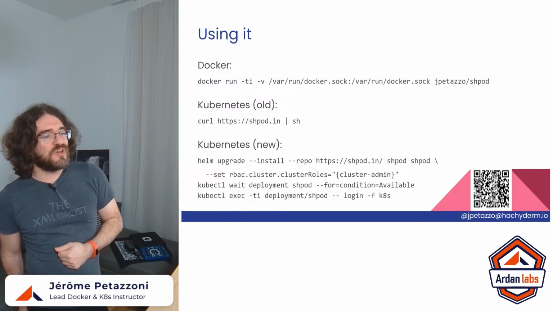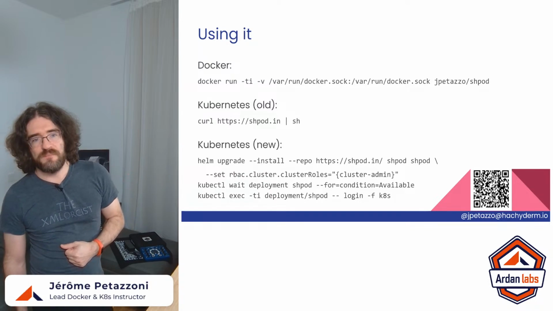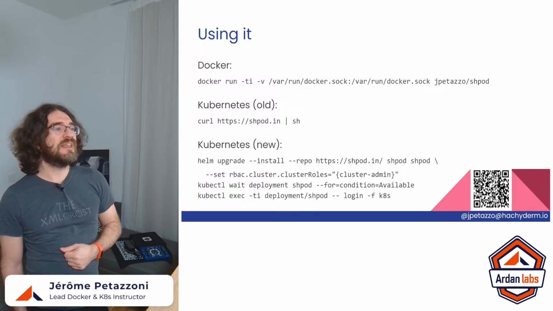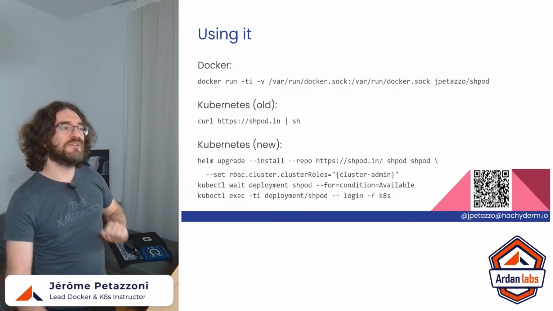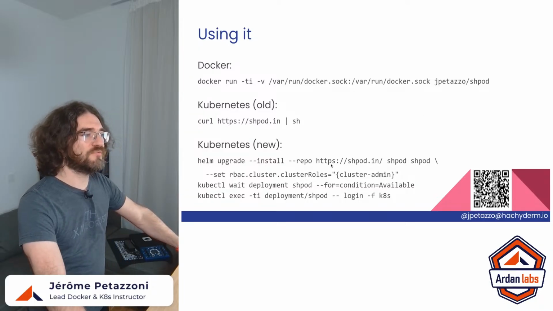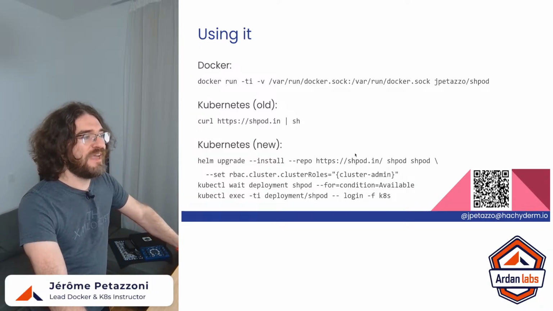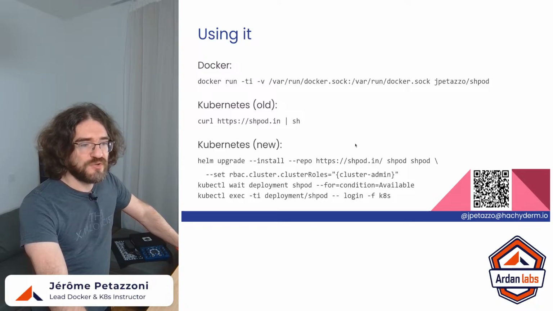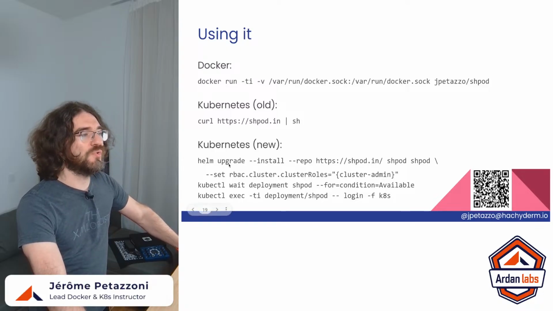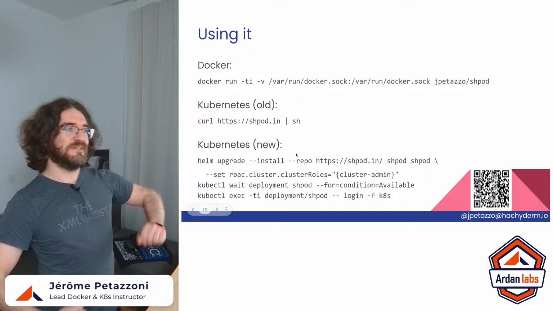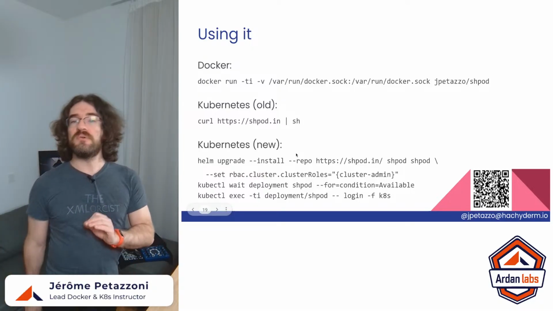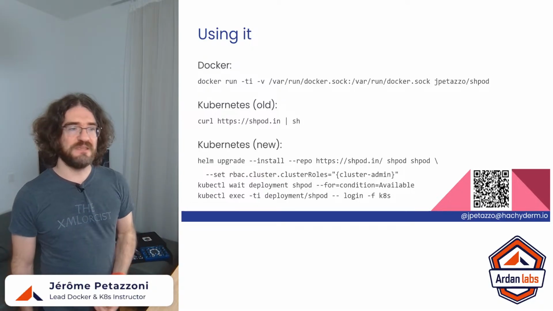Or, it might look a little bit complicated if you're not familiar with Helm, but basically what this is doing is installing a Helm chart that comes from this Helm repo, and then by default, when you start your fancy dev environment, it will not have any permission.